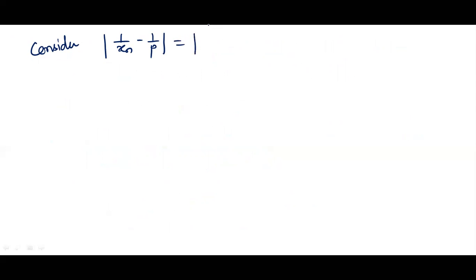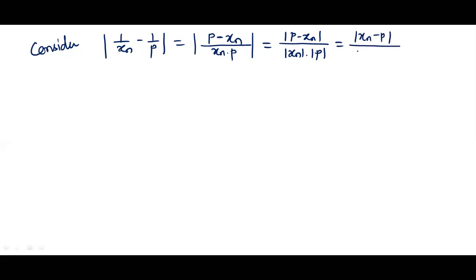By cross multiplication we can write it as p minus xn divided by xn into p, and we can write it as mod of p minus xn divided by mod of xn into mod of p, and we can write it as mod of xn minus p divided by mod of xn into mod p.